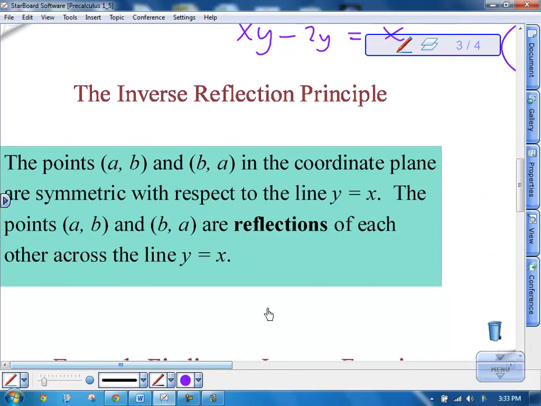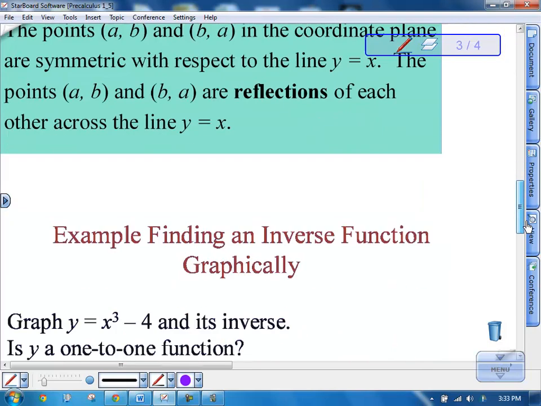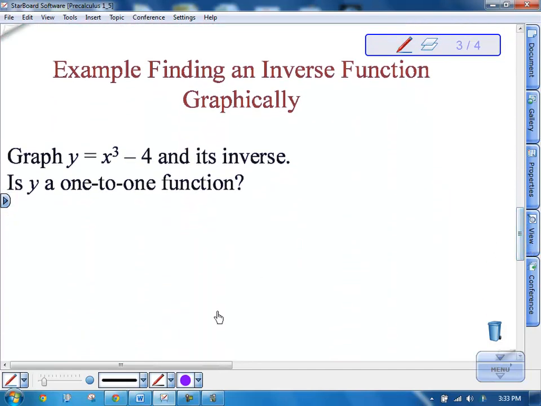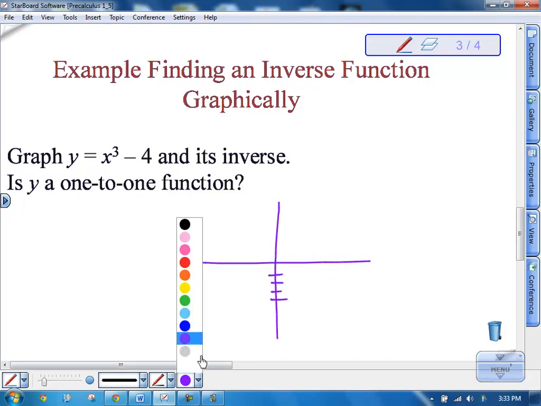Okay? The inverse reflection principle says what I said before, which is that points A, B and B, A in the coordinate plane are symmetric with respect to the line y equals x. The points are reflections of each other across the line y equals x. All right, let's find an inverse from a graph then. If we graph this cubic function, this thing's been shifted down 4 units, so it looks something like this.